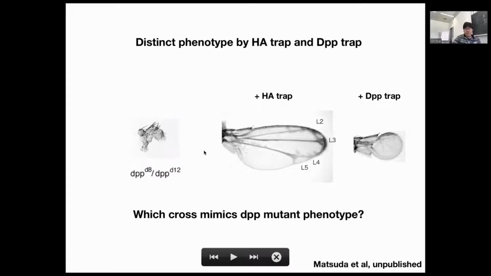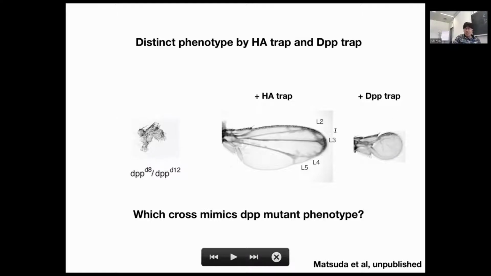Of course, the mutant is different from our setup. In the mutant, all the cells lack DPP in the wing disc development. Of course, they show a more severe phenotype than this one. But if we use a similar setup, using Nubbin-GAL4 and inactivate DPP using RNAi, for example, the phenotype is more or less similar to the DPP trap phenotype.